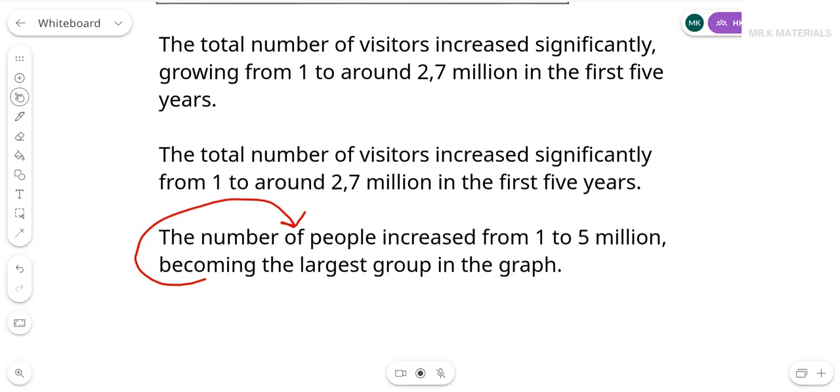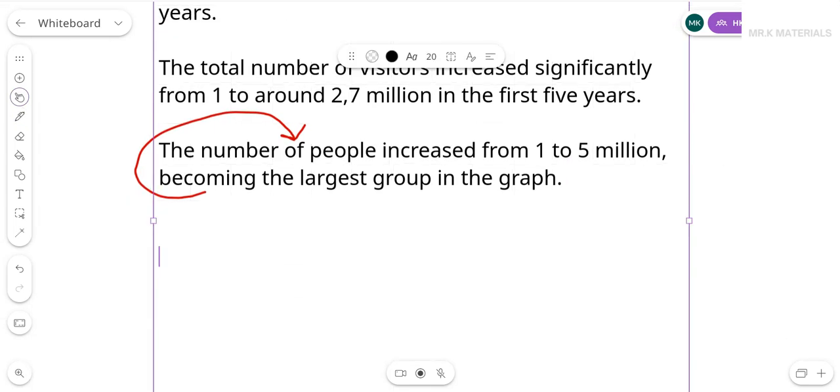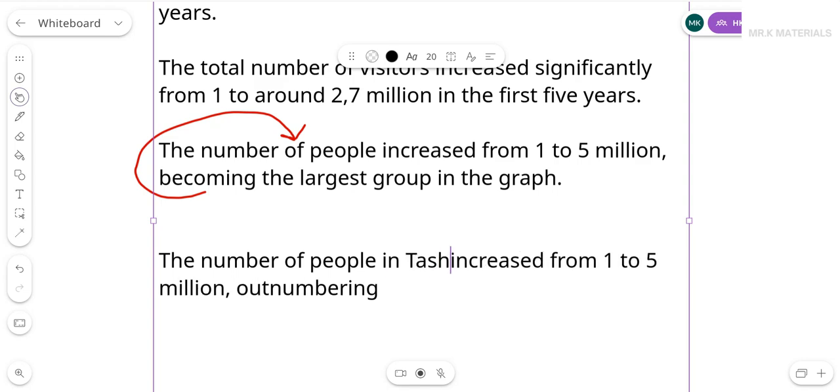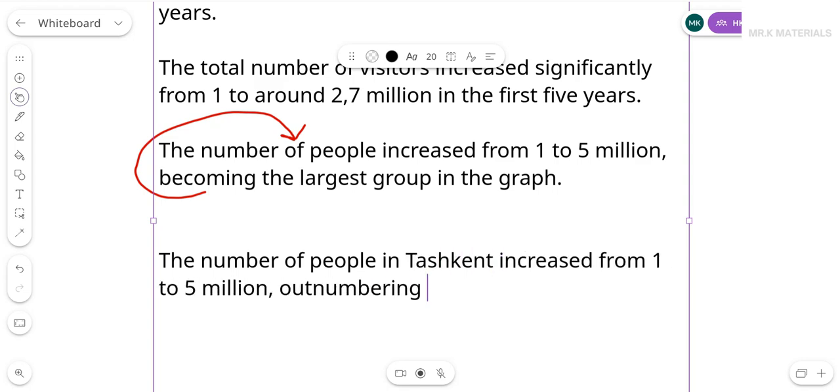You can have another variation here. You could have written something like the number of people increased from 1 to 5 million, outnumbering the number of people, let's say in Tashkent, outnumbering the figure, all right, the number of people, let's make it simple, in, I don't know how to write Termez, so I'm gonna go with Samarkand.